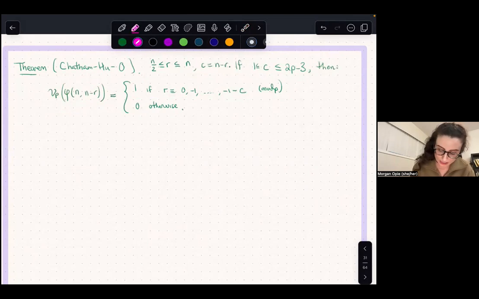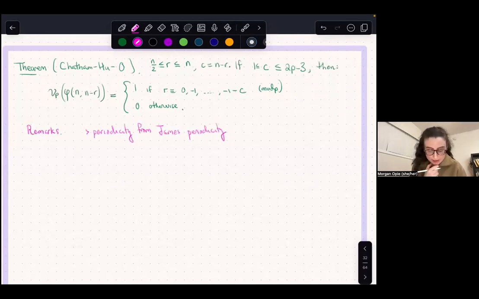So this tells you that phi of n minus r is p times some number k which is not divisible by p, that p does not divide this number.